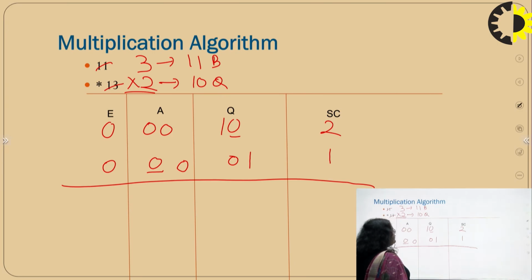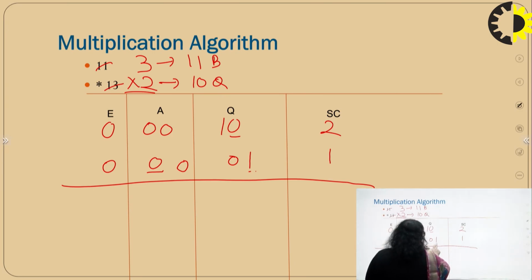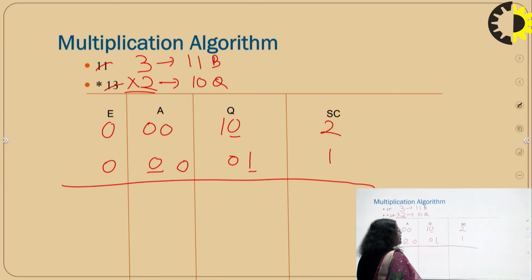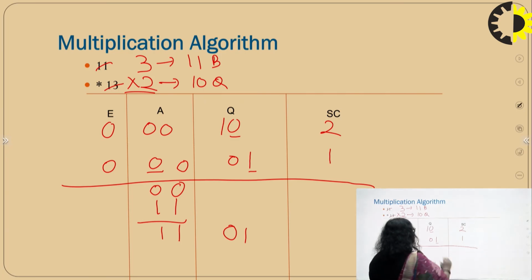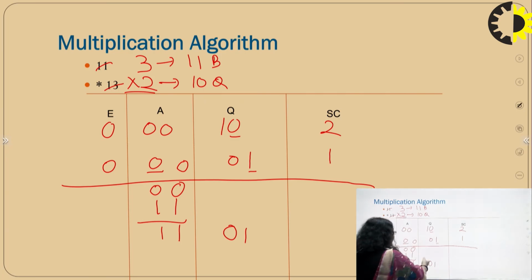Now the next step. We see the Qn value. It is 1. When it is 1, we perform A plus B. A is 0 0 and B is 1 1, so we add them and get 0 1 1. We copy the previous value of Q to the next value of Q, which is 0.